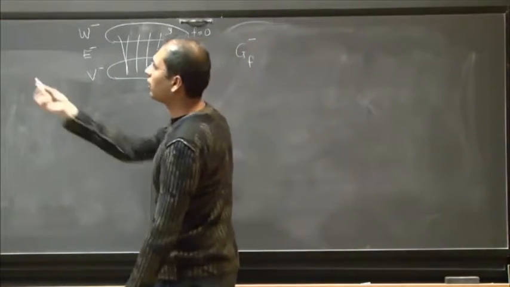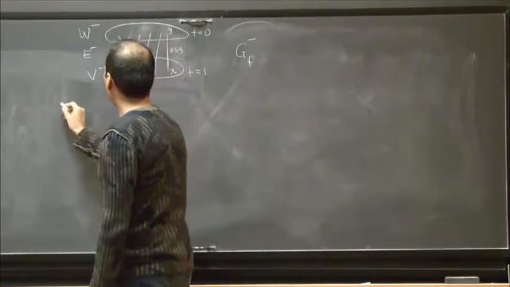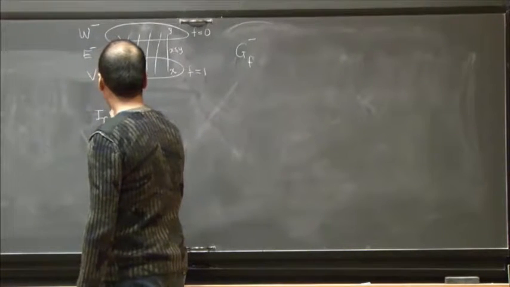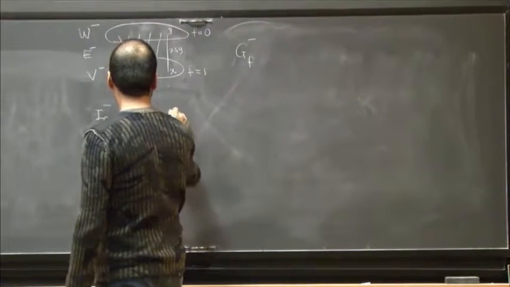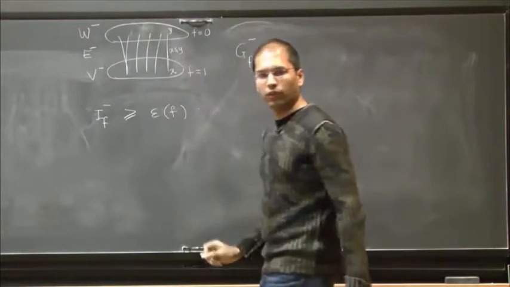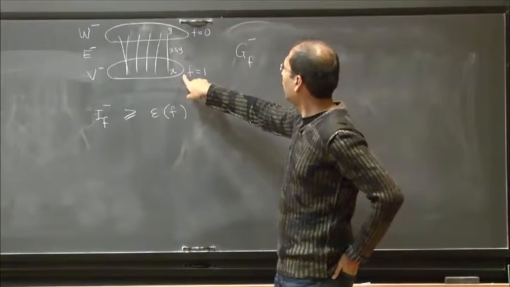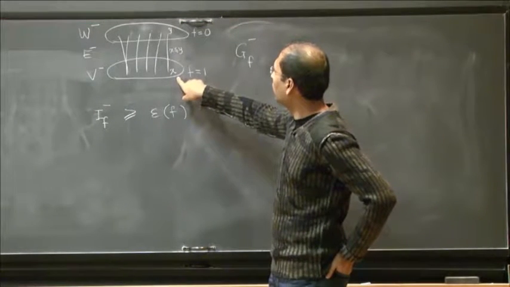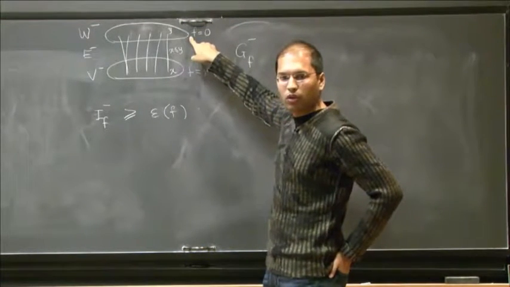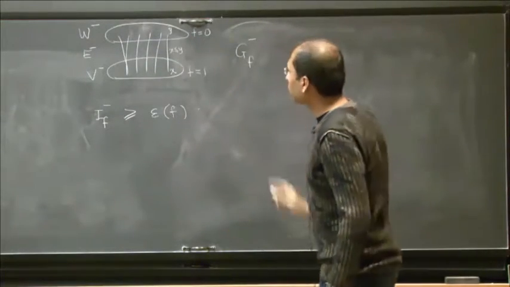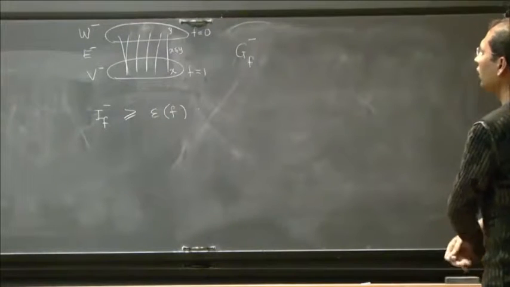And then the Goldreich et al. result is just, right, this is the Goldreich et al., which simply says that I_f minus is at least epsilon of f. Because on this side the value of the function is 1, and on this side the value of the function is 0. So right, and then the edges are the violating edges. So that's the Goldreich et al.